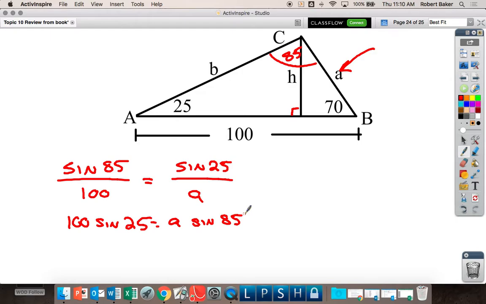How do you get A? Divide by sine of 85. So these cancel out, and you're left with this mumbo jumbo equals A. Good thing your calculator will do that for you.